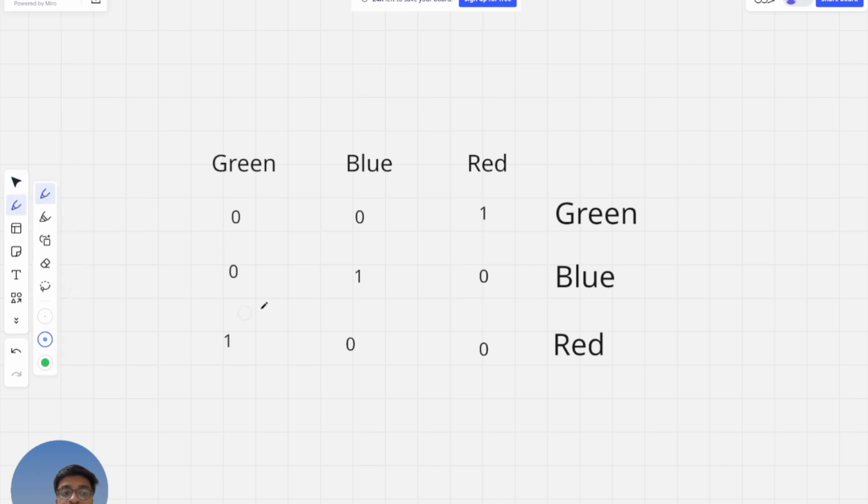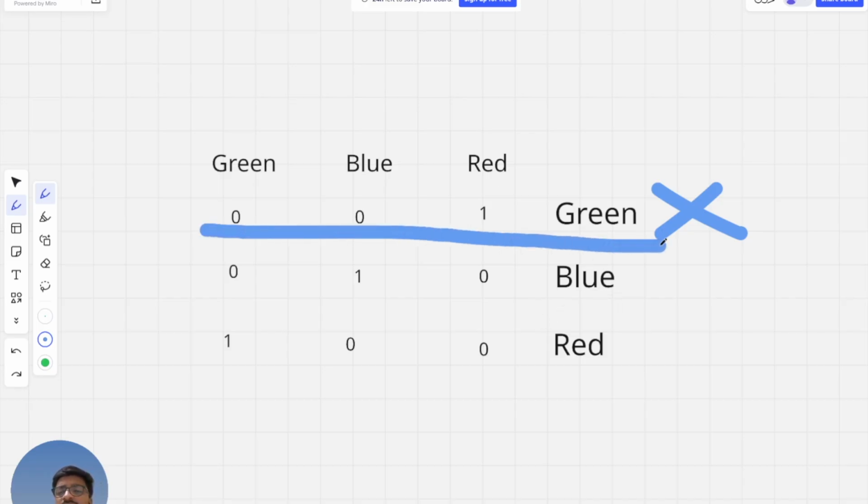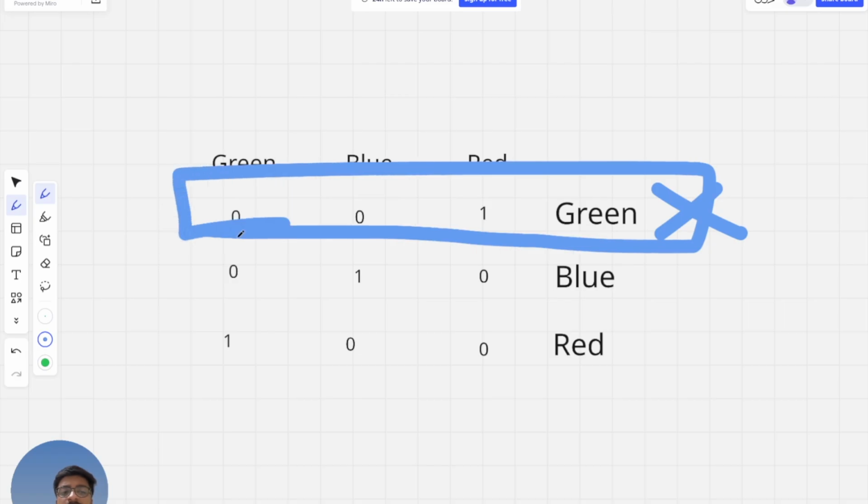The first row is always ignored in machine learning models while encoding, because it consumes a lot of memory.